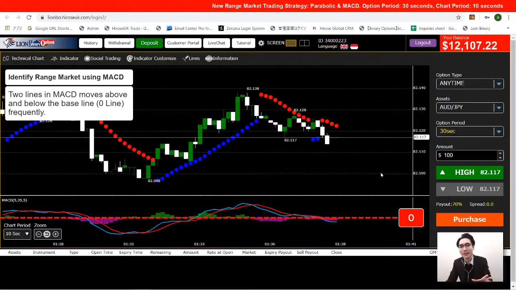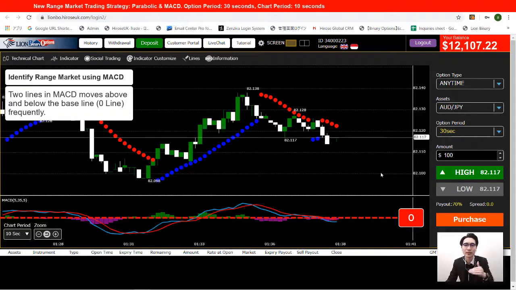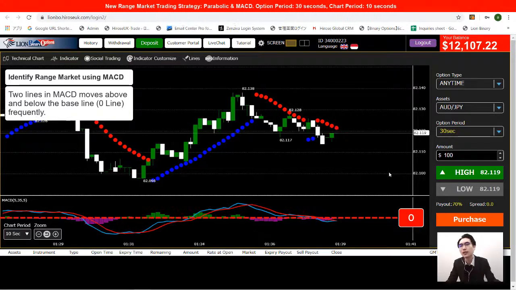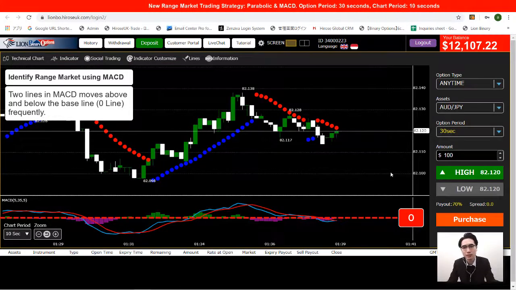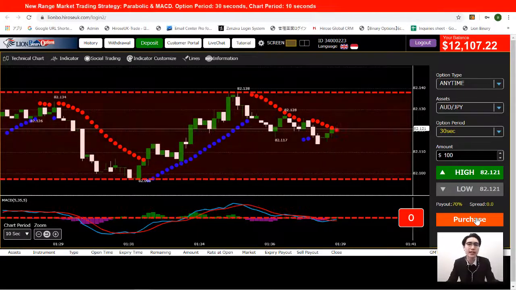None of them is winning. That's why the price is moving up and down frequently, and it is in a range market. So that's how I use the candlesticks and the MACD to identify a range market. Once we can do that, this strategy becomes really easy.